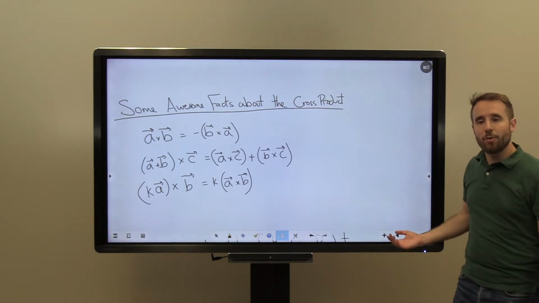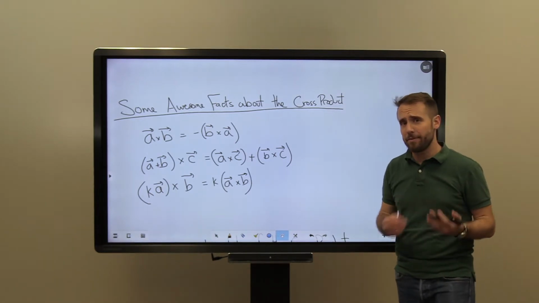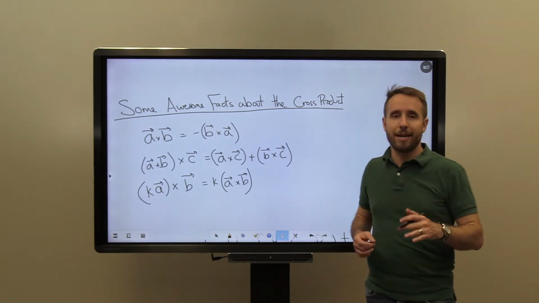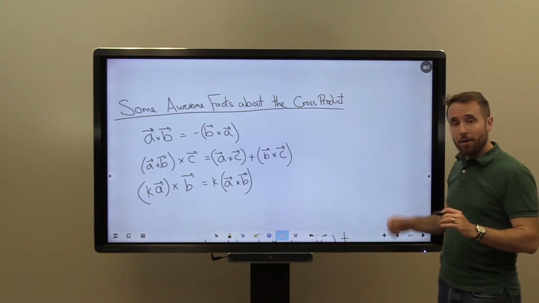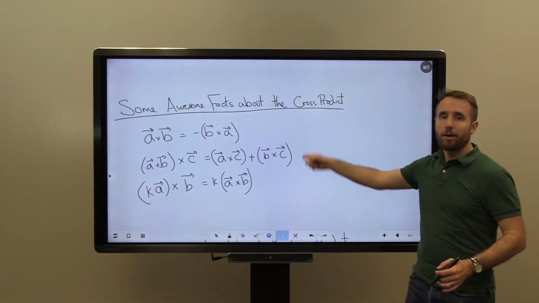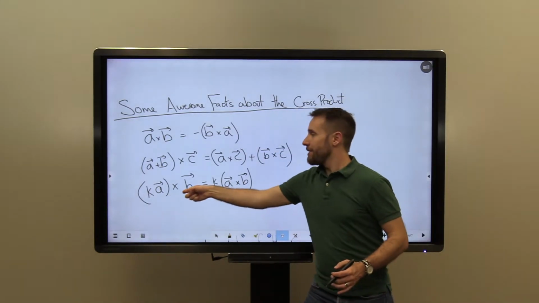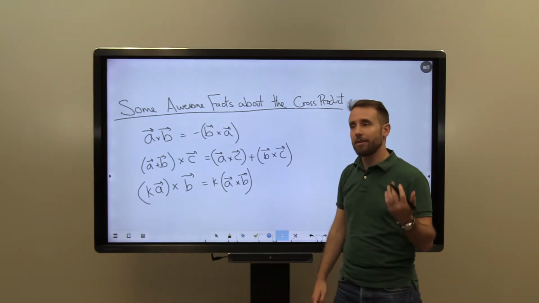OK, so that's all well and good, but what is the use of this cross product? It turns out it has a lot of uses, and we'll see it pop up from time to time throughout the semester. For now especially, here are some useful facts. Starting with the bottom, actually, and working our way up, this is suggesting that our cross product behaves nicely with respect to scalar multiplication.